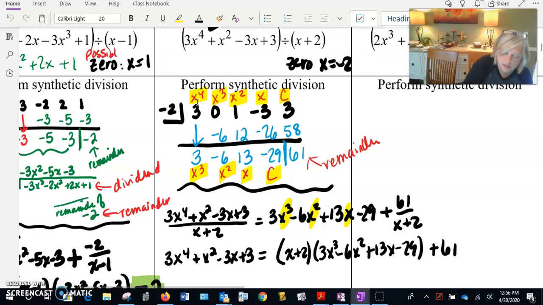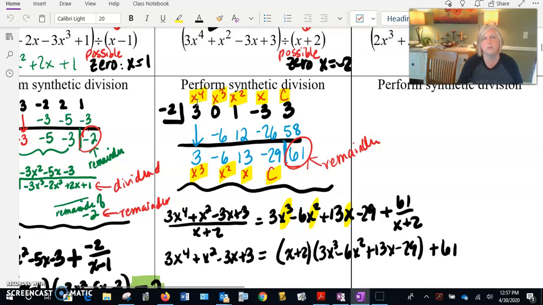And what we learned in both of these cases is that these are not actually zeros or x-intercepts, because we got a remainder here and here. So x plus 2 and x minus 1 did not divide into the polynomials evenly, which means that it is not a factor. So x plus 2 was not a factor, and x minus 1 was not a factor.